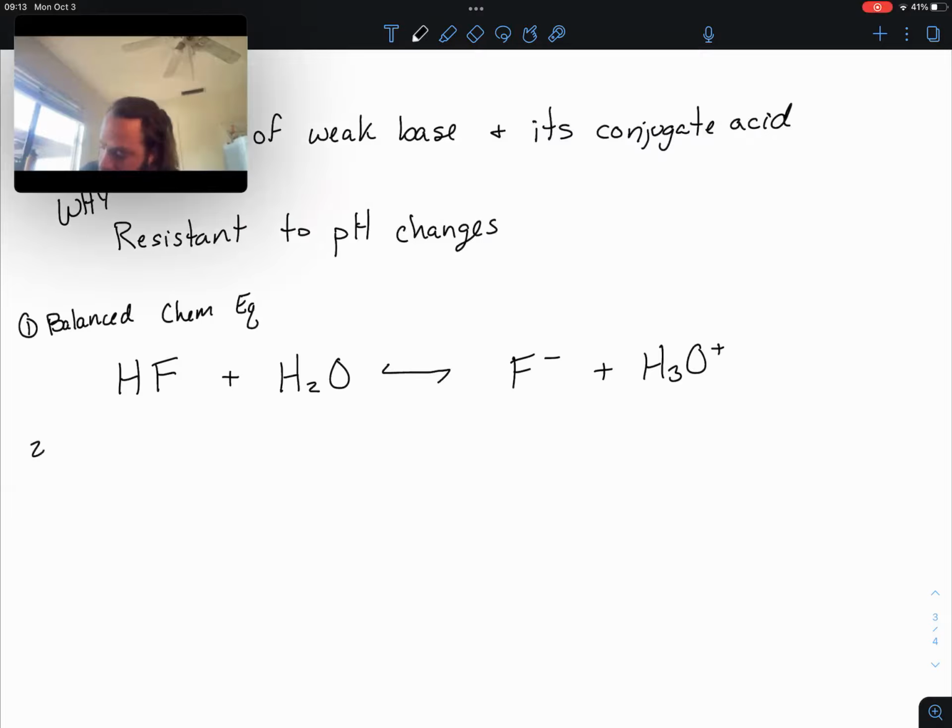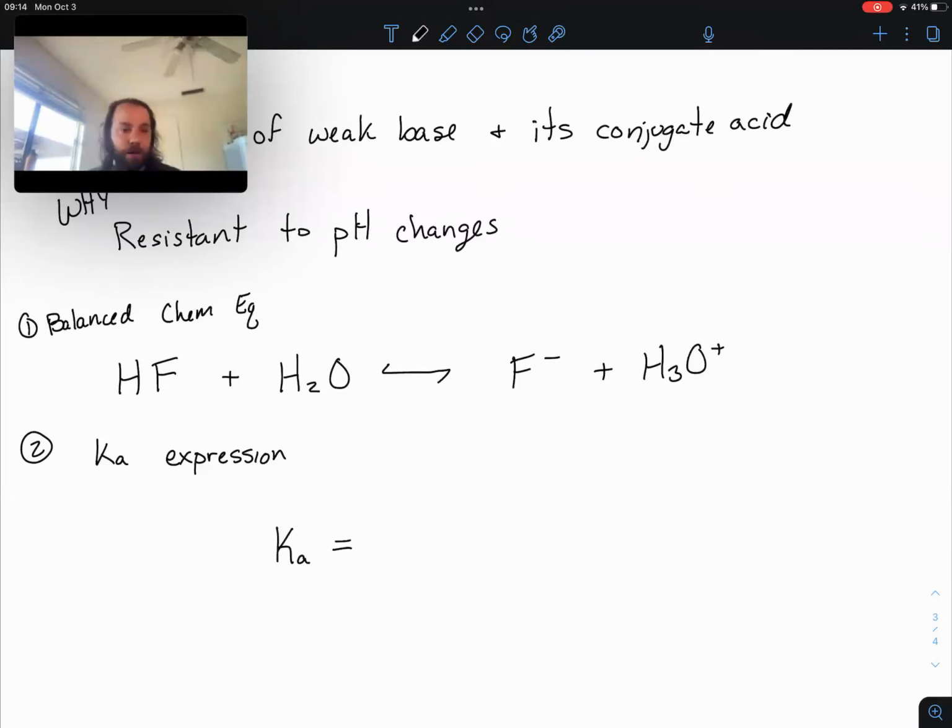And step two is you're going to build me that Ka expression. All right, and remember, what do we remember about our equilibrium constants?